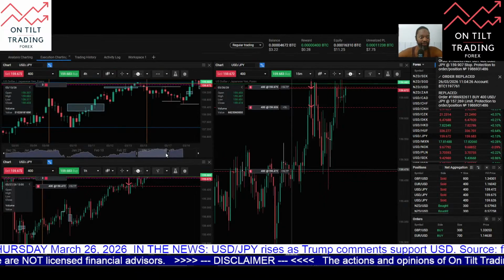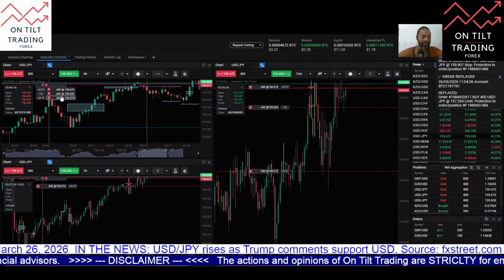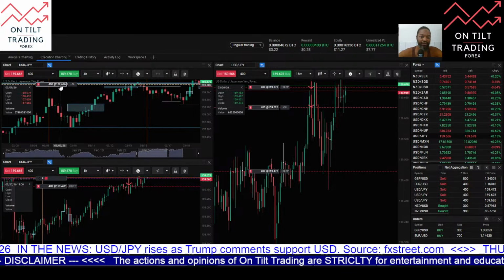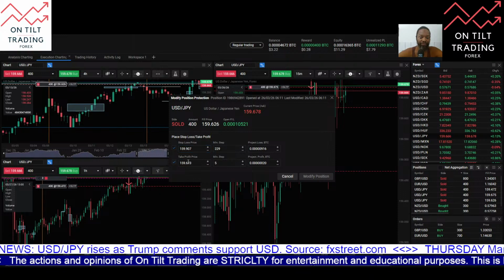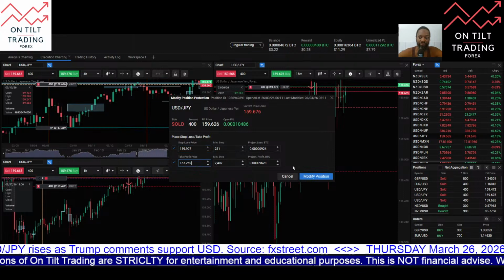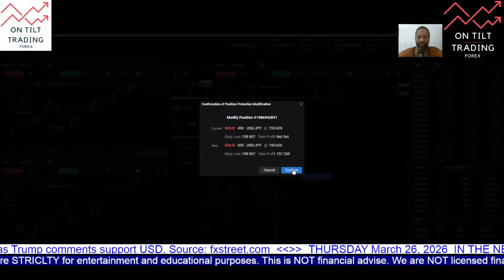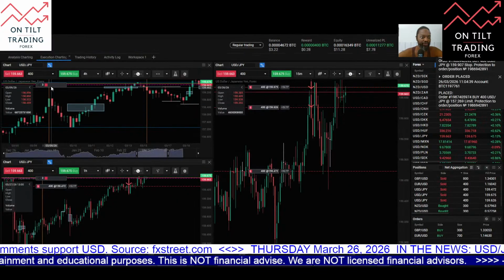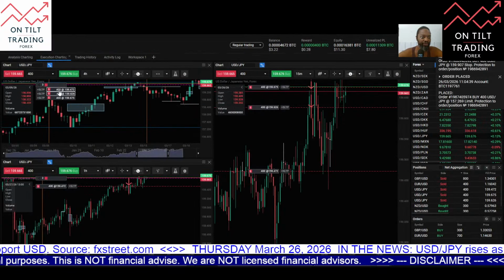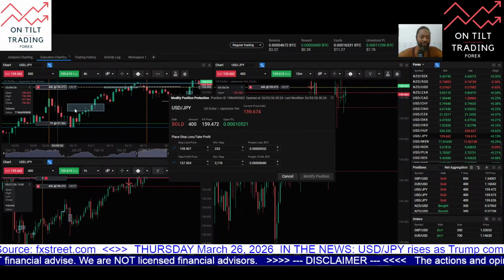But then I also have to be right, or let's say the trade idea has to work out. But we'll see. When I get into pound dollar and euro dollar, which I'm looking at as counter trend trades, then we'll see.